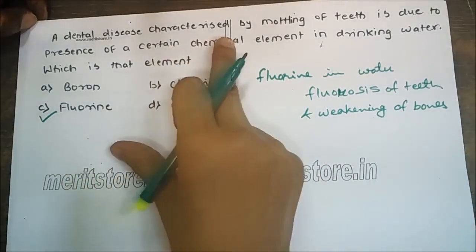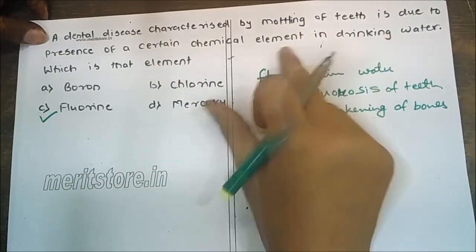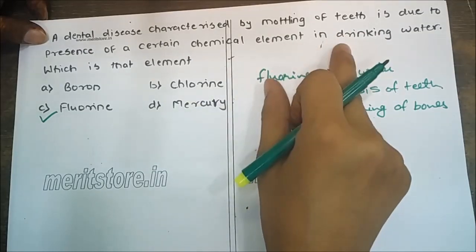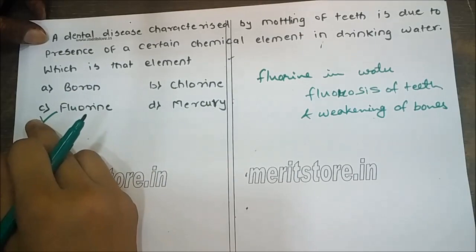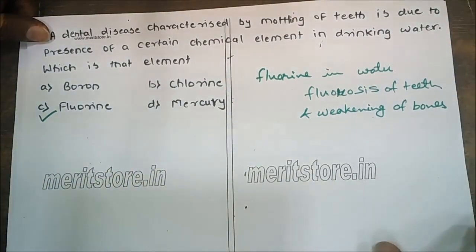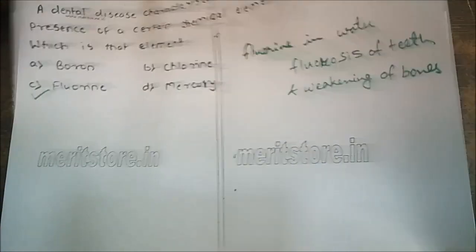So the dental disease characterized by mottling of teeth due to presence of a certain chemical element in drinking water is fluorine. It causes the fluorosis of teeth and weakening of bones.